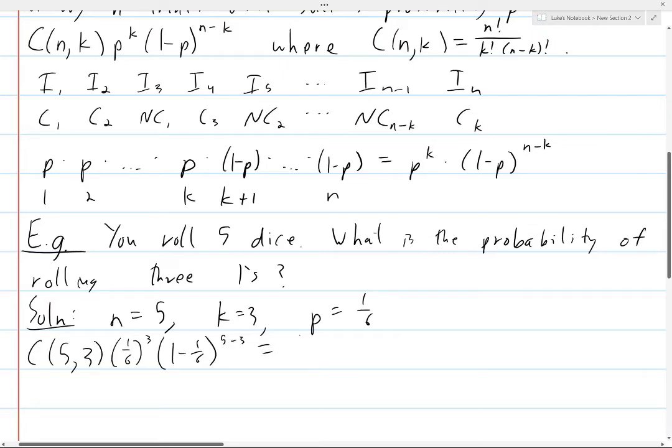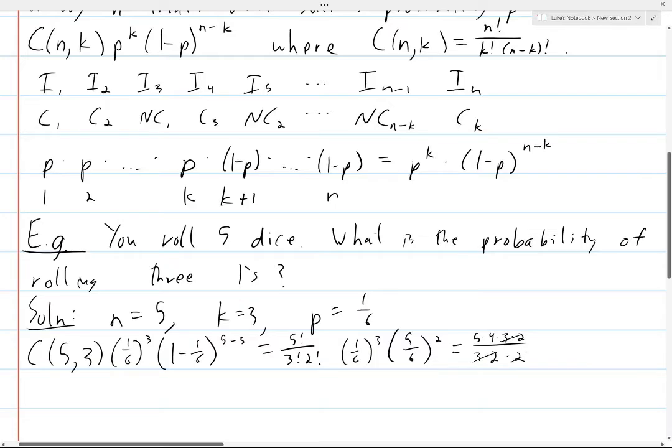And then we just write this out. So this is 5 factorial over 3 factorial times 2 factorial. Then we have 1/6 to the third, 5/6 squared. If you write out this 5 factorial, this is 5 times 4 times 3 times 2, over 3 times 2 times 2. I ignore the ones because they don't really matter.